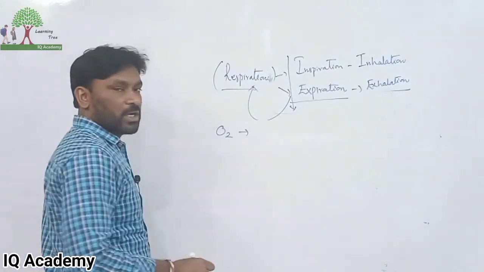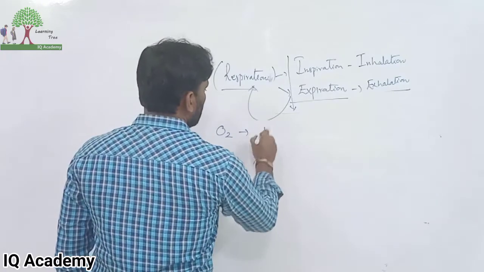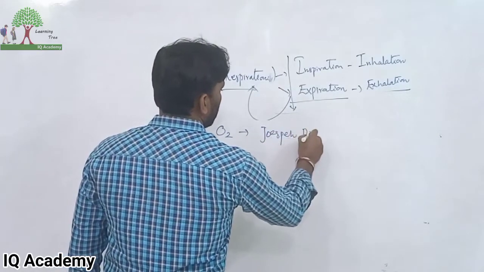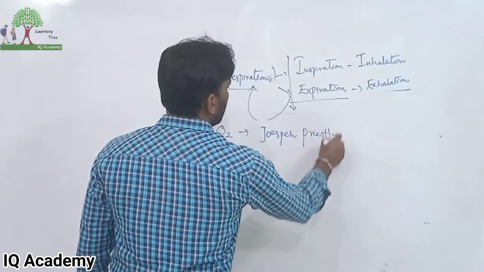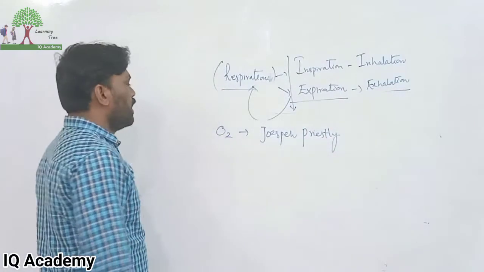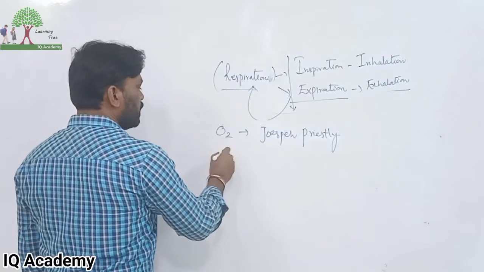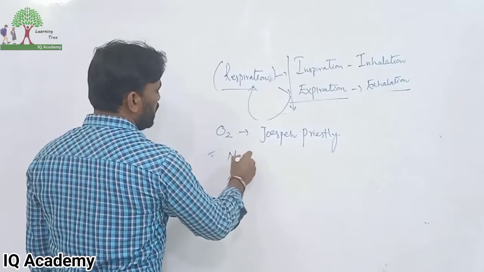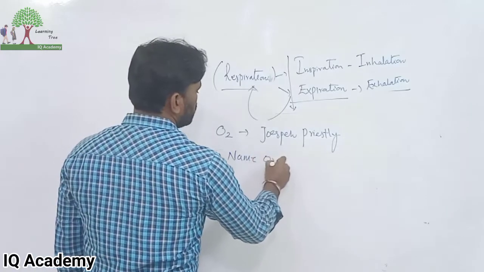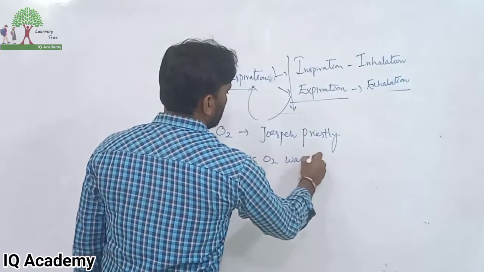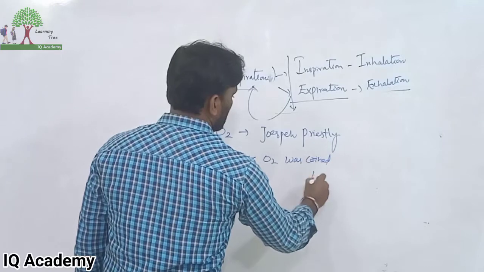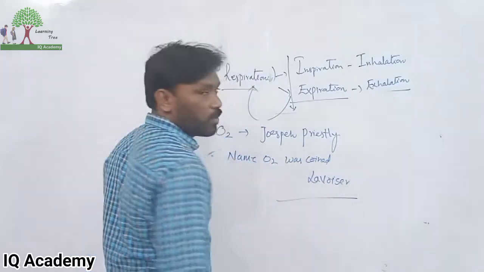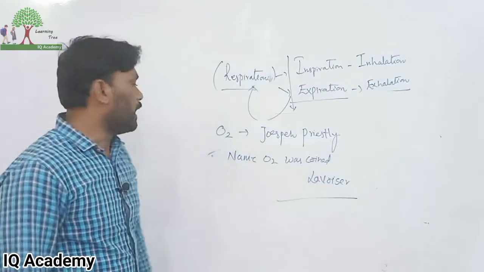Oxygen was first discovered by the scientist Joseph Priestley. After that, the name oxygen was coined by Lavoisier. These two scientists worked on gases.